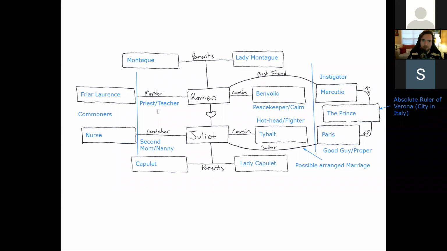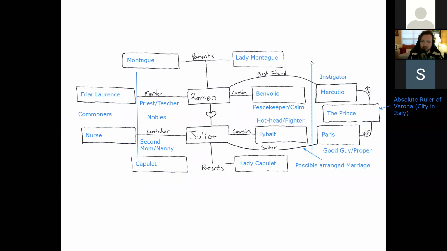Their power is passed down through the father to the son usually. We find out that one of the problems that Juliet's family has is that Juliet's the only daughter. So they kind of have to marry her well, because the power in every family would pass down in noble families through the son.